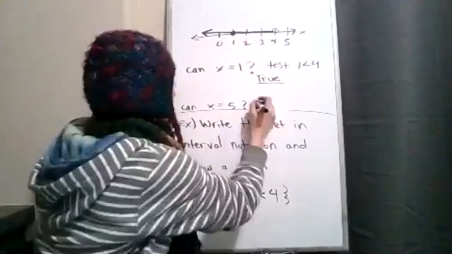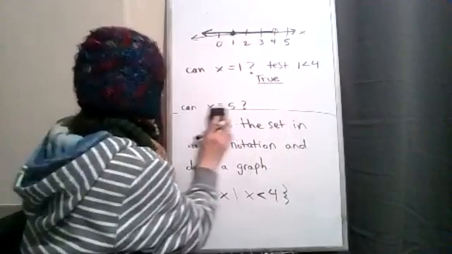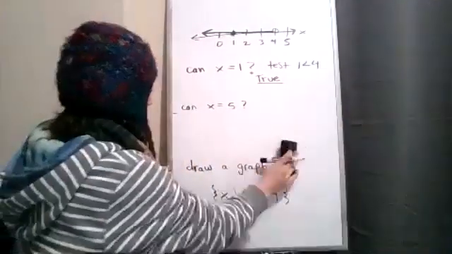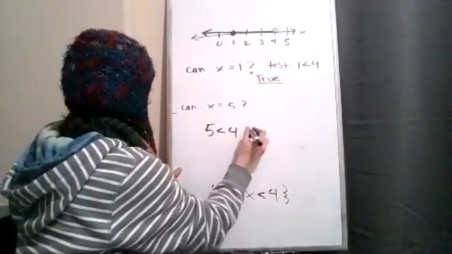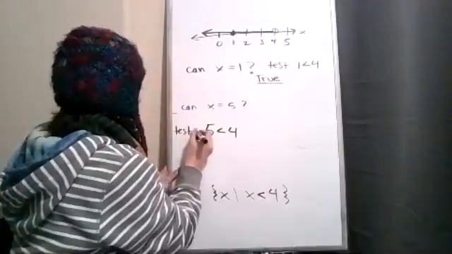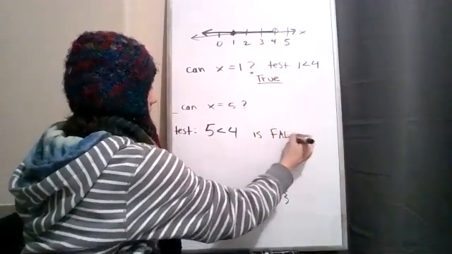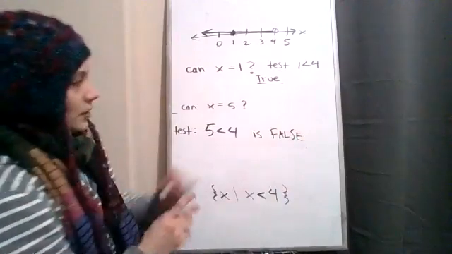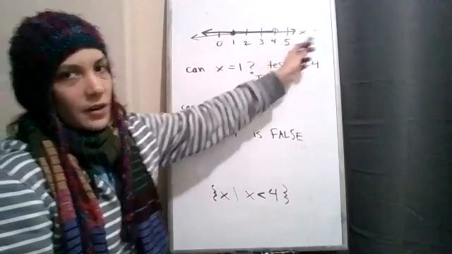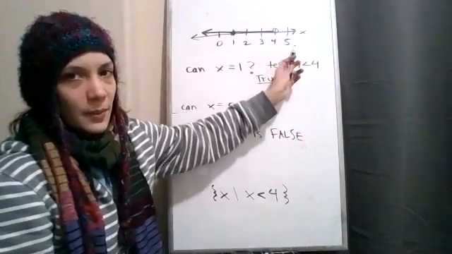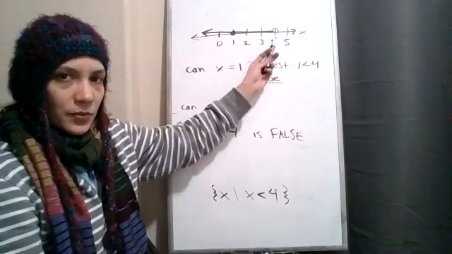But if you put in 5 for x, is 5 less than 4? Let's clean this. Okay, so this is not a solution, and other values that are greater than 4 are not solutions. They are not in your set. This side is the solution set. That goes from negative infinity up to 4.